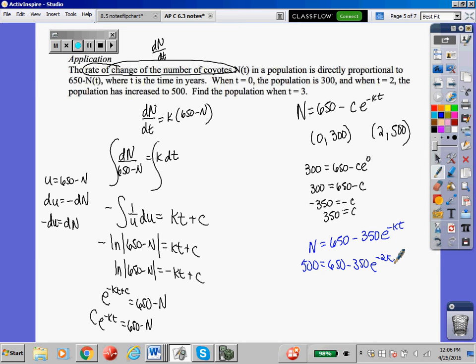All right, are you guys getting k is about 0.4236? Can you work that out? Because I don't know exactly what step to do. Okay, so here we go. If you would first subtract 650, you would get negative 150 equals negative 350 e to the negative 2k. Okay, divide by negative 350.